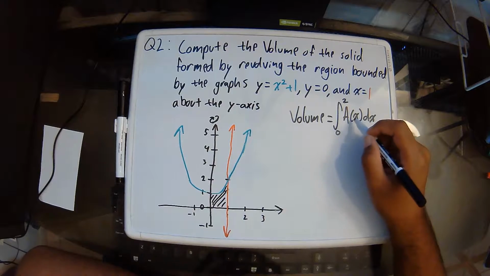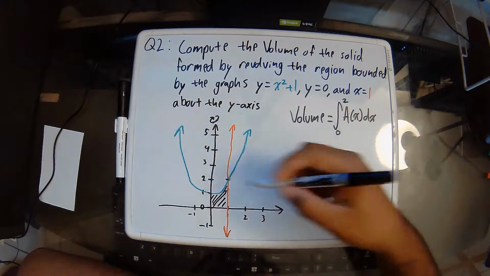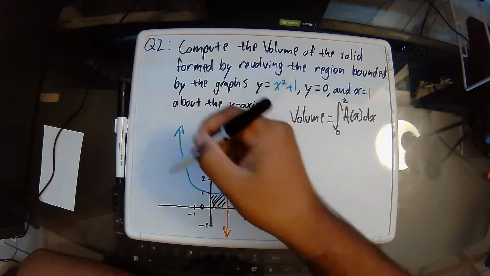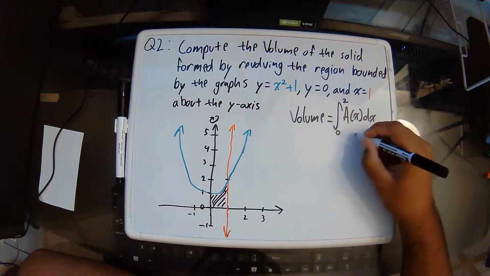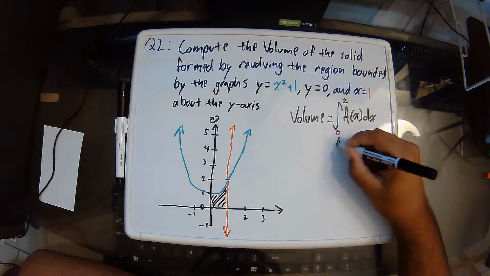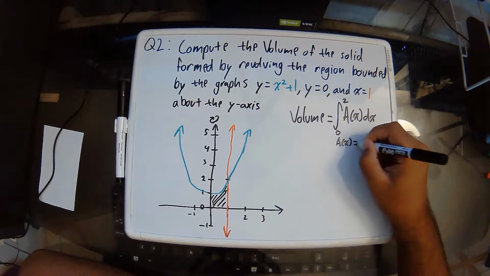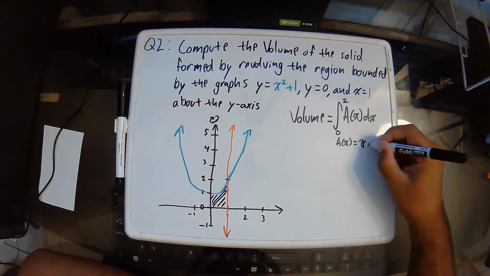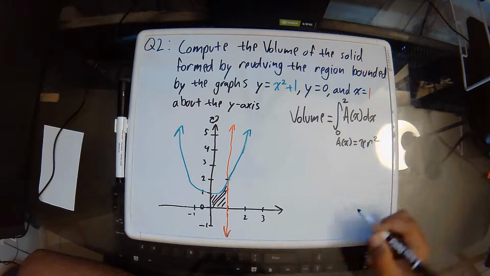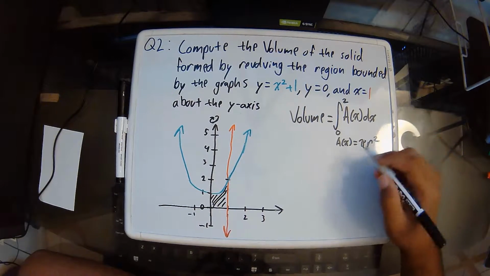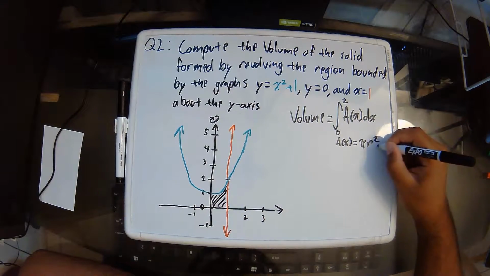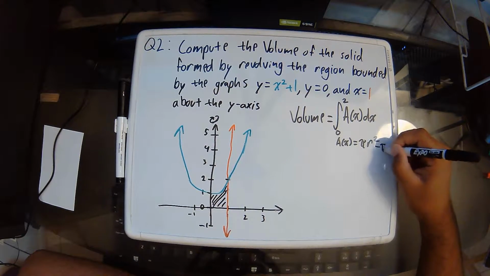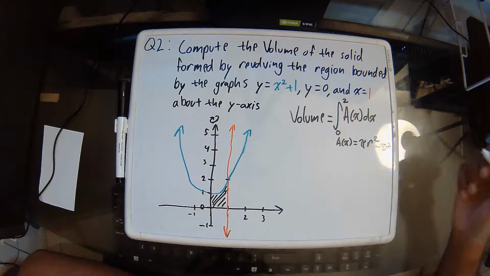Now, the area of anything in a circle, because this is being rotated in a circle, is pi r squared. Now, because there are two graphs, we have to do another minus pi r squared.